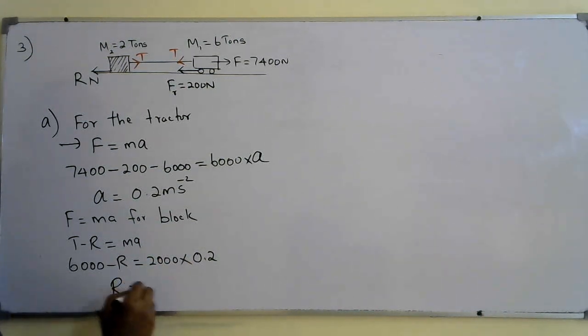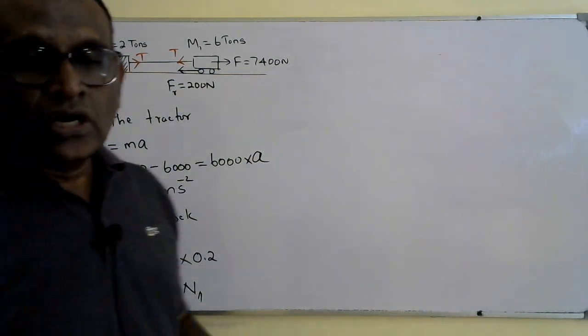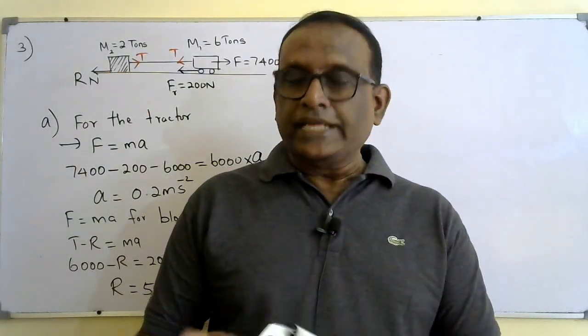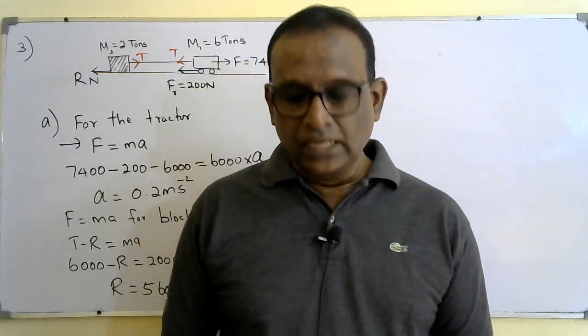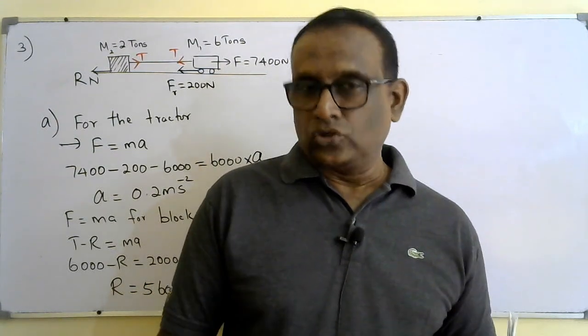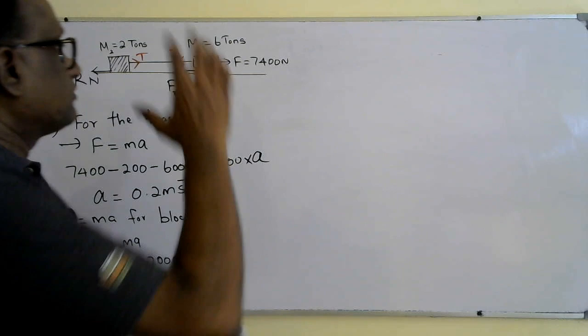Find R. We will get 5,600 newtons. That's the answer. The only problem here is that you need to decide for which object we are going to use F equal ma, because if there is more than one unknown, you need to get two equations. You can do it, but I just did it first for the tractor.